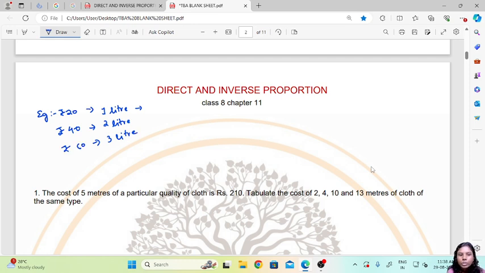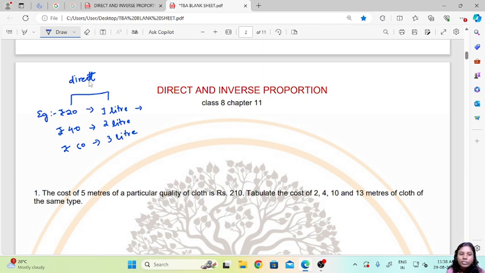Now what we notice here is that as the quantity of milk is increasing, the price is also increasing. So in this case we say that the price of the milk and the quantity of the milk are in direct proportion. Direct proportion as in, if one is increasing, the other one is also increasing.